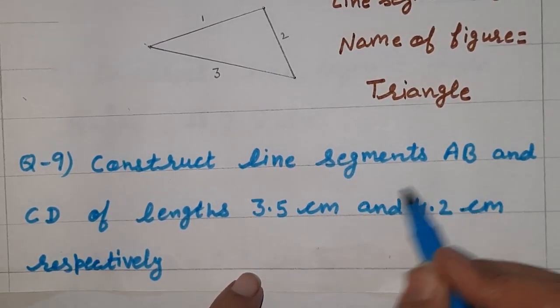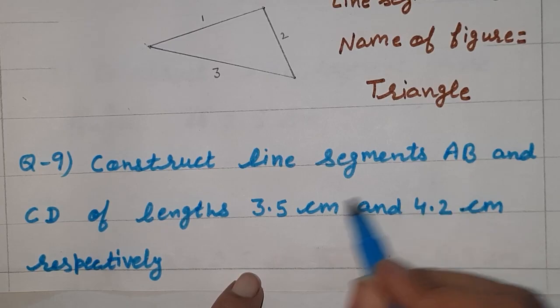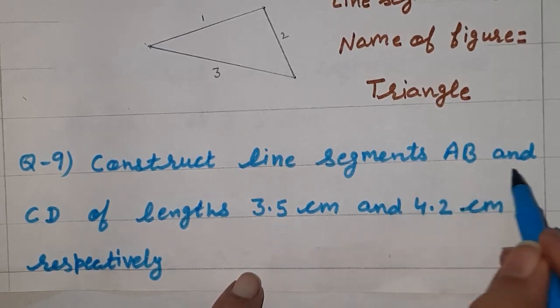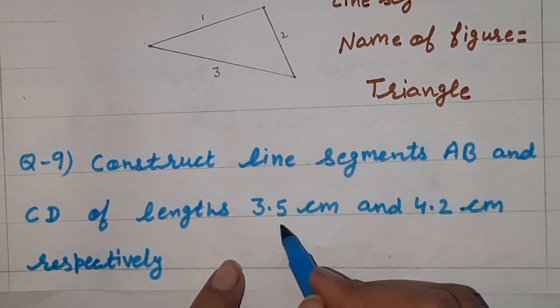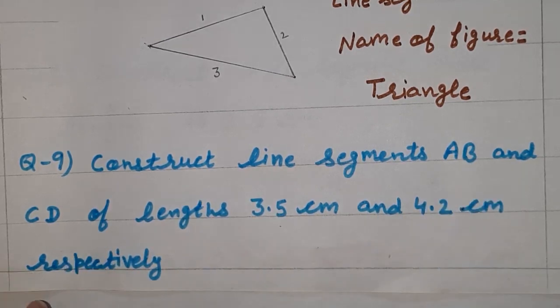Respectively means first segment and first length, second segment and second length. We can't interchange. AB is 3.5 centimeter and CD is 4.2 centimeter.